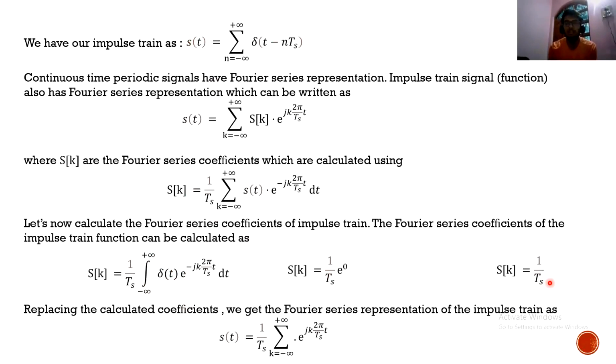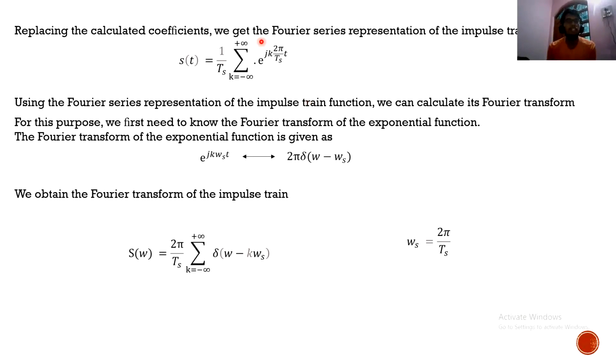Then moving forward we get our Fourier series coefficient in this way. By substituting the value in this equation, we get this equation. Now, further elaborating it, we have to give the value of the Fourier transform of our exponential function, which is elaborated in this way. Now by substituting the value in the general equation of the Fourier transform, we will get the Fourier transform of the impulse train, this one.